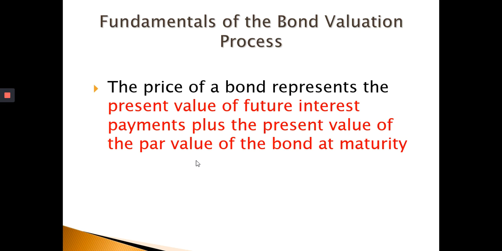So whatever interest you get in the future and whatever par value you get in the future, those are future values, discounted to calculate present value. Whatever income that you receive in future, all those are discounted to find the present value.